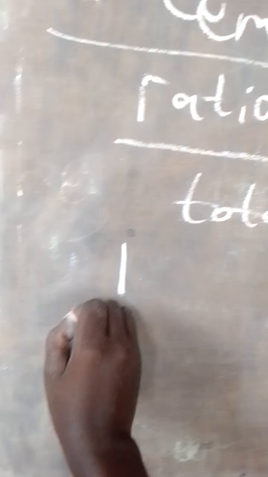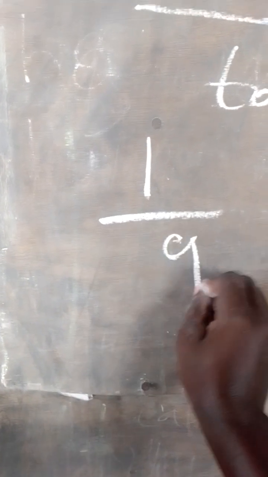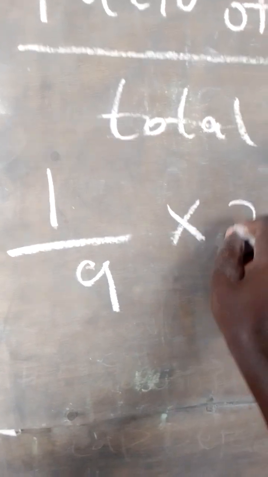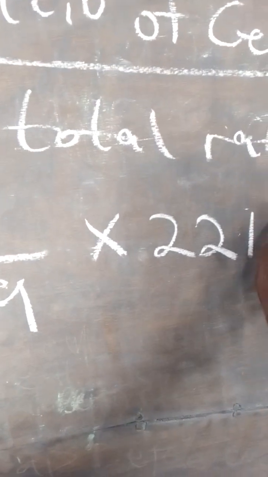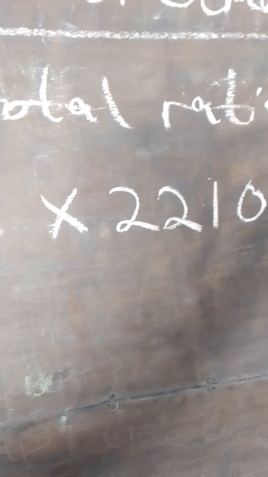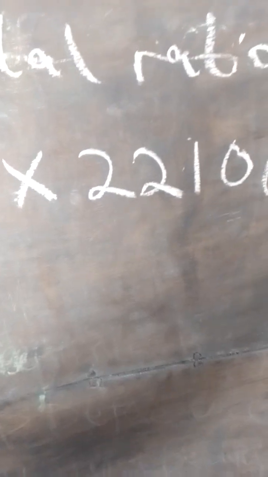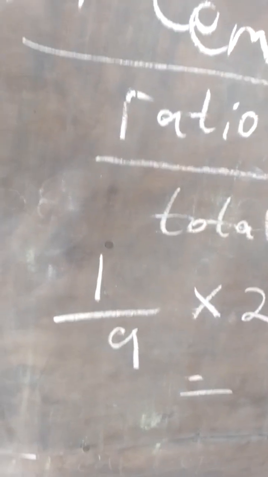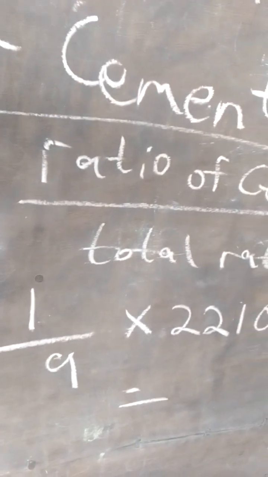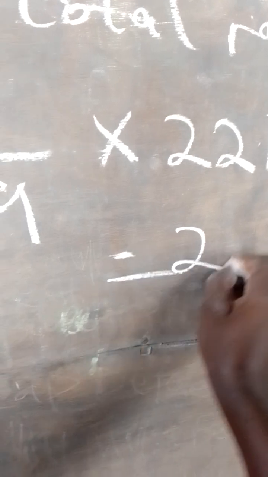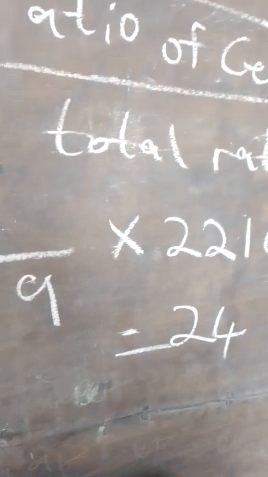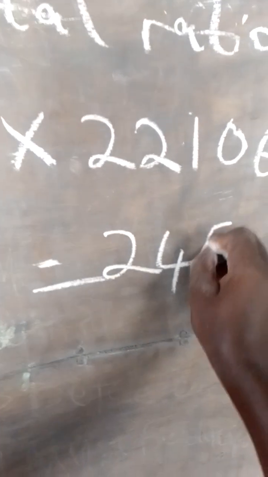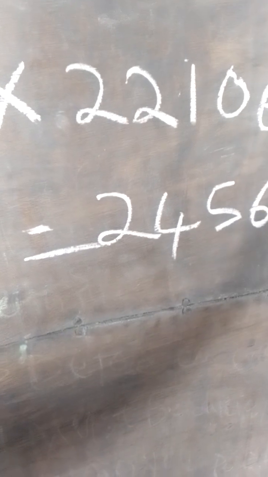How do we go? It says 1 over 9 times 2,21067 kg. This times this divided by this is equal to 24,563 kg.